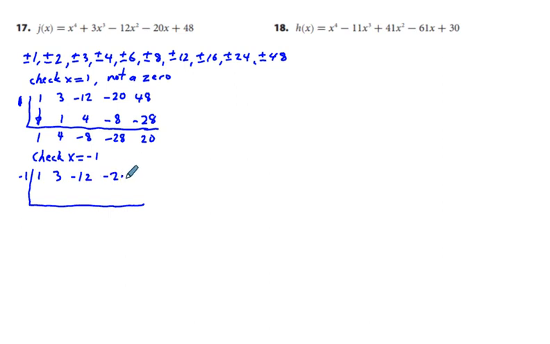negative 20, 48. Same process, bring down the 1, negative 1 times 1, negative 1, negative 3 minus 1, 3 minus 1, 2, negative 1 times 2, negative 2, negative 12 plus negative 2, negative 14, negative 1 times negative 14 is 14, negative 20 plus 14 is negative 6, negative 1 times negative 6 is 6.